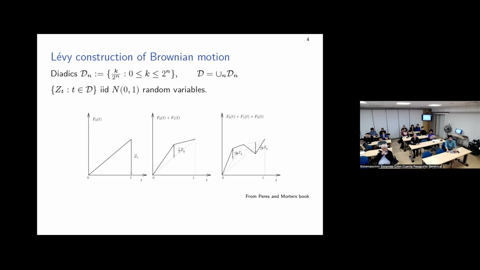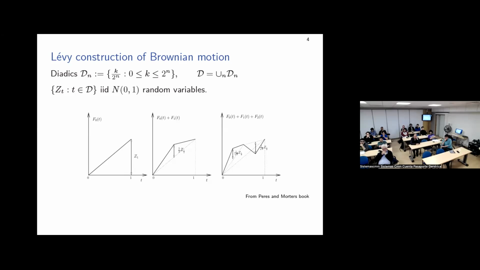So for 0, 1, 1/2, 1/4, etc., you have this family of random variables. And then you construct a sequence of functions going from [0,1] to R.